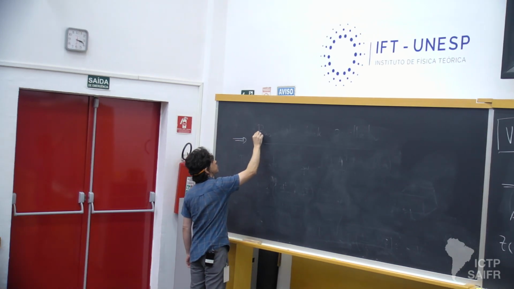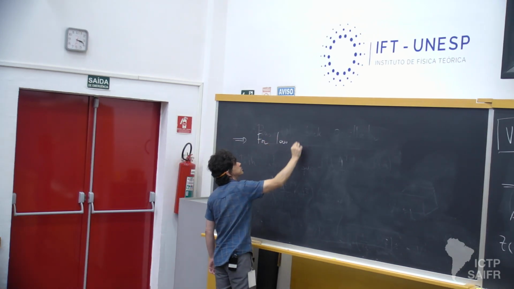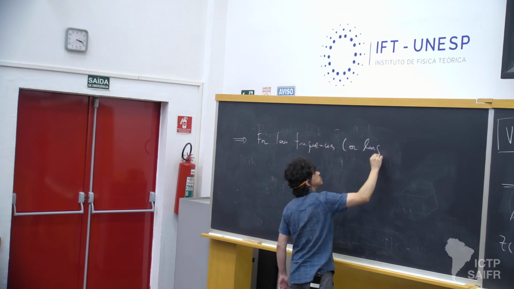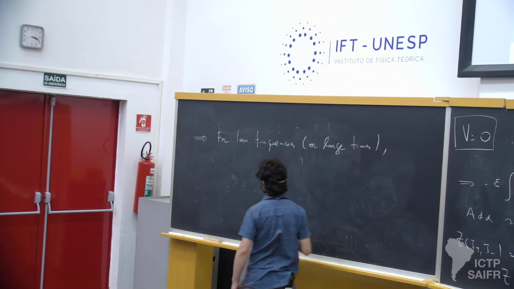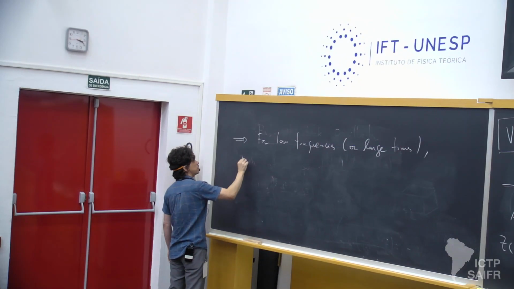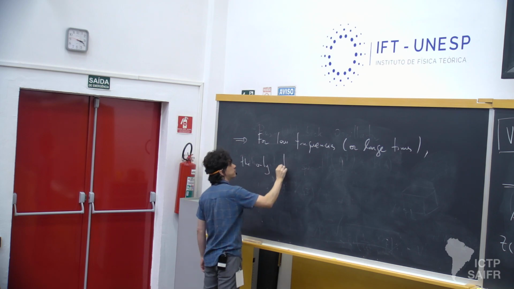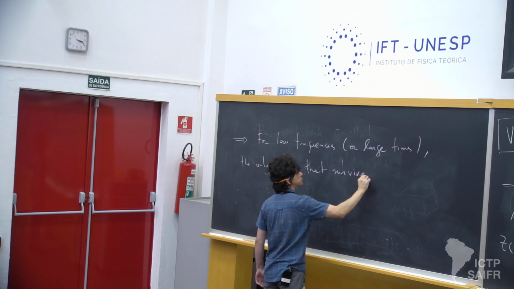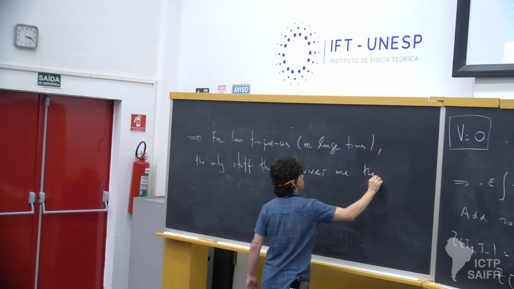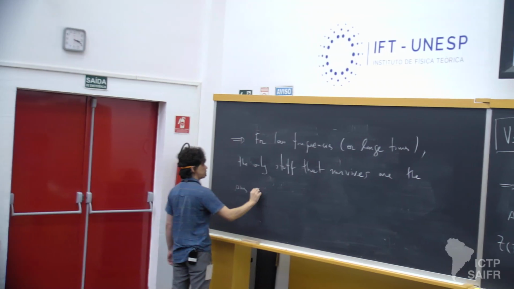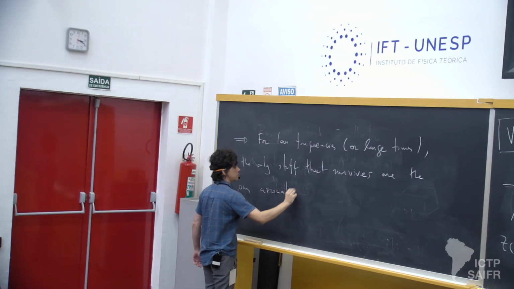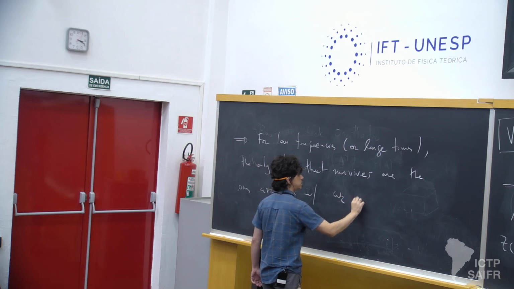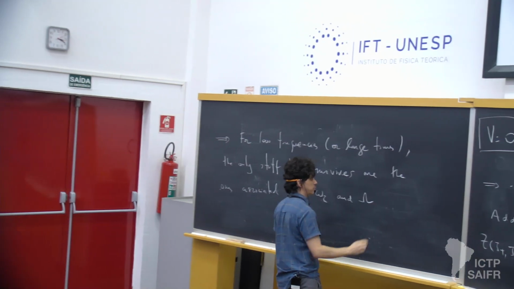So for low frequencies or large times, the only stuff that survives are the ones associated with, let's say, the omega 2 oscillator and capital omega oscillators.